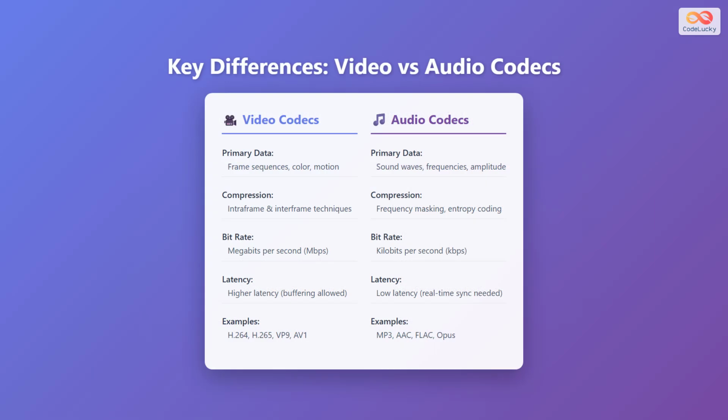Video and audio codecs have important differences. Video codecs handle frame sequences, colors, and motion, working with large amounts of data. Audio codecs handle sound frequencies and amplitude. Video compression uses both intraframe techniques, which compress individual frames, and interframe techniques, which use differences between frames to save space. Audio compression uses frequency masking and entropy coding. Video bitrates are measured in megabits per second because files are huge.